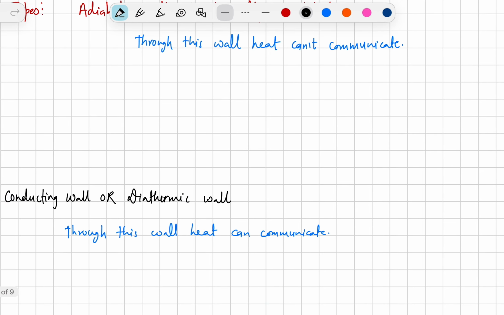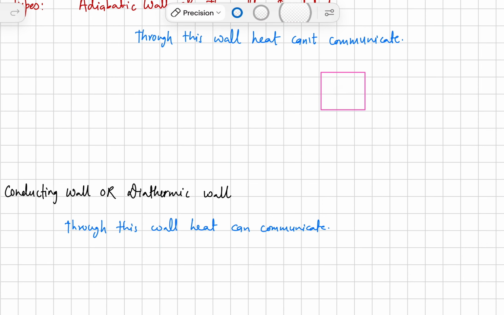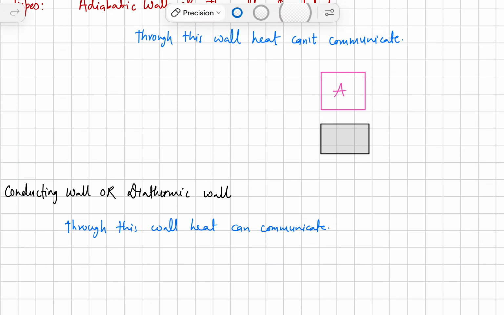Suppose this was system 1, let us rather call it A, and we had another system B. When I'm saying this is a system, it can be anything, gas or something else, but we have inserted a boundary.